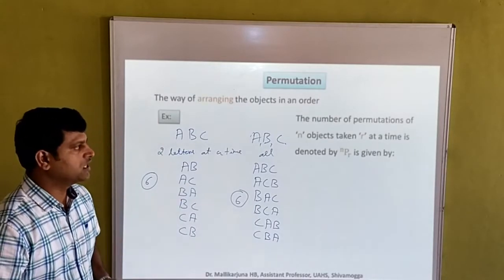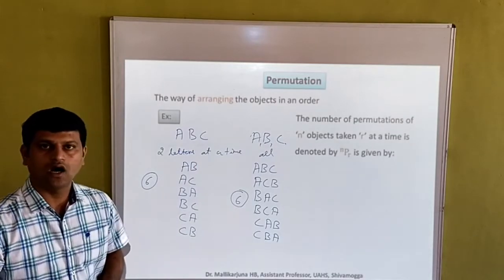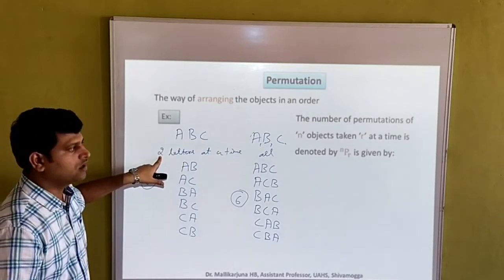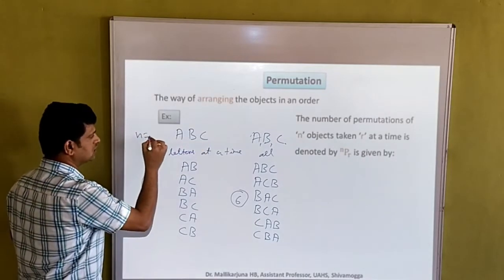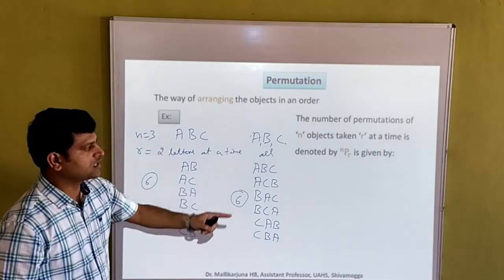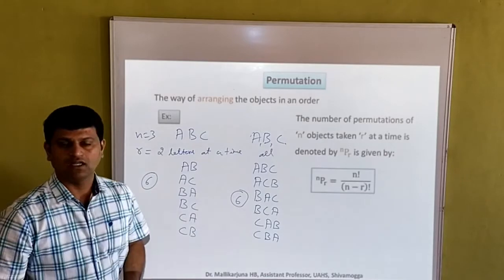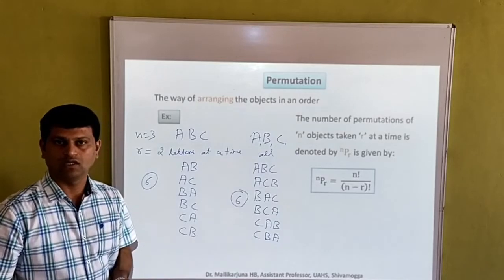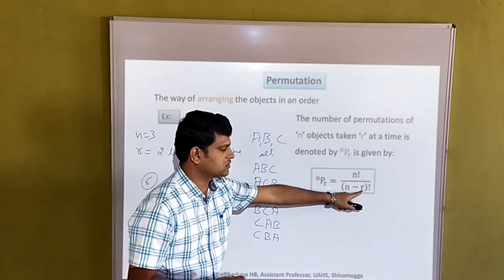The formula for the number of permutations of n objects taken r at a time, from 3, here n is 3 and r is 2, is denoted by nPr, given by nPr is equal to n factorial divided by n minus r factorial. So the numerator is n factorial, the denominator is n minus r factorial.